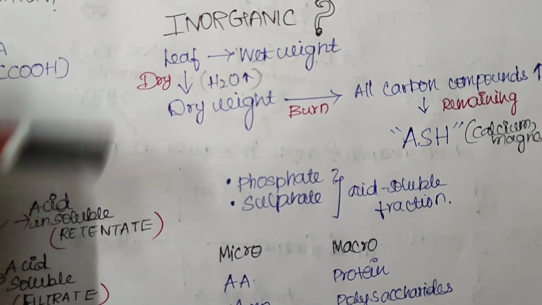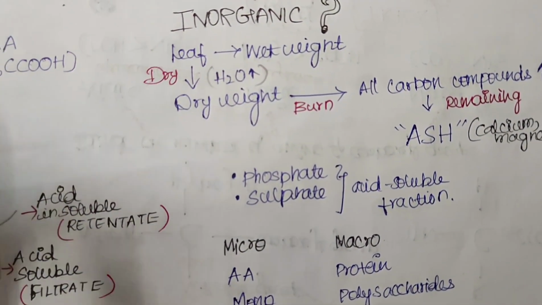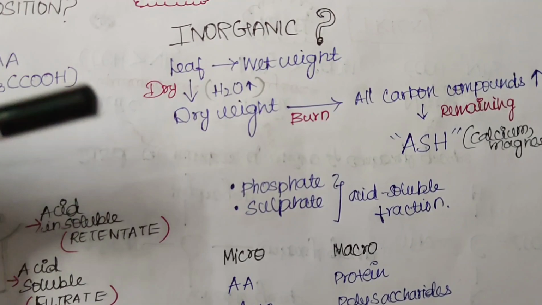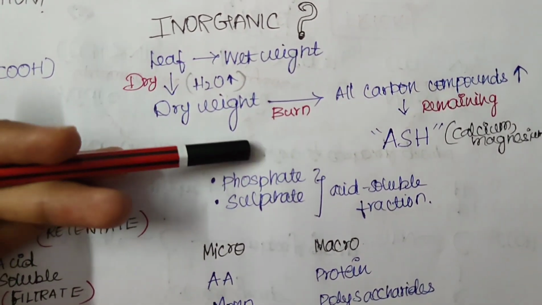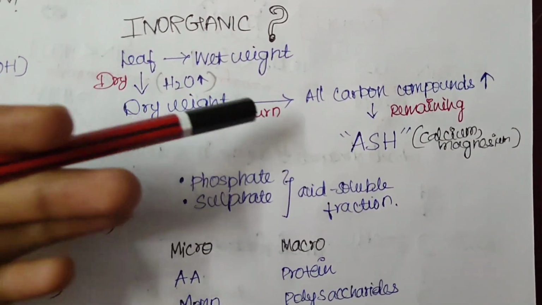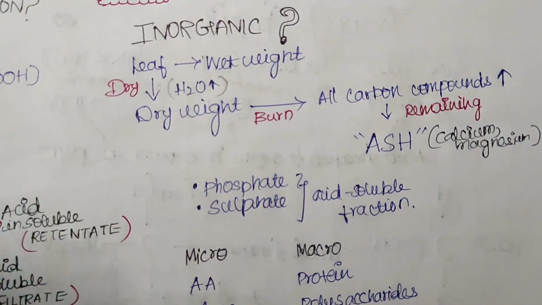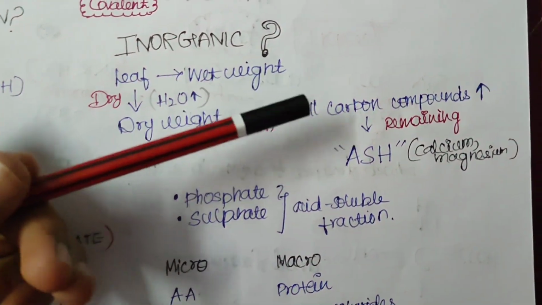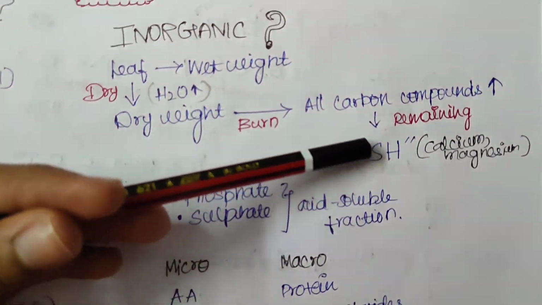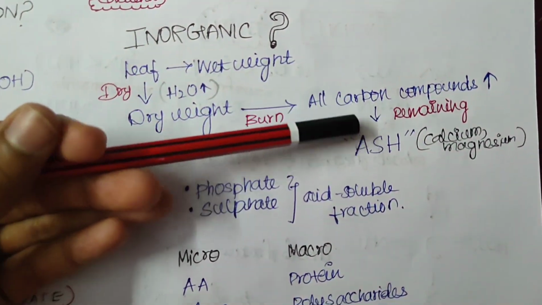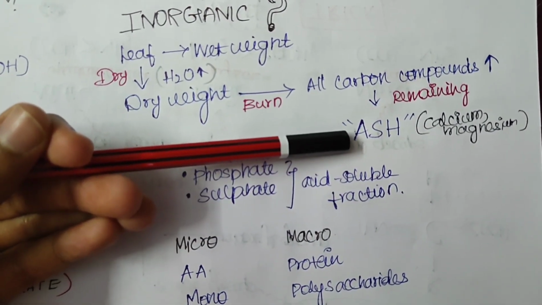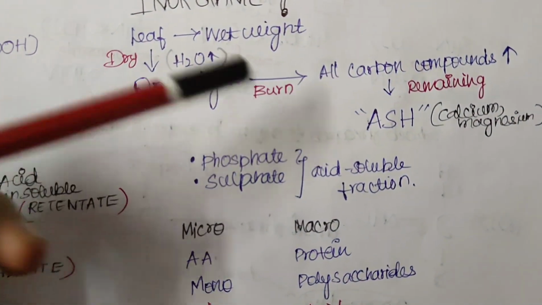Once we dry it, the H2O will be gone, it becomes the dry weight, and we will burn it. Once we burn it, all the carbon containing compounds, which are nothing but the biomolecules or organic compounds, are removed from the material, and the remaining is called the ash. It contains the inorganic compounds.